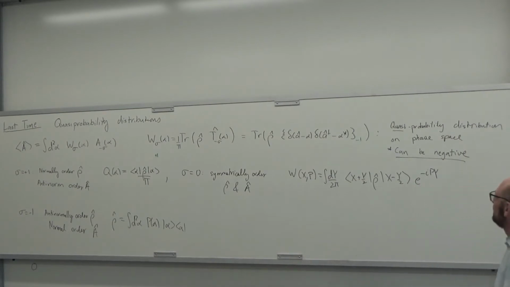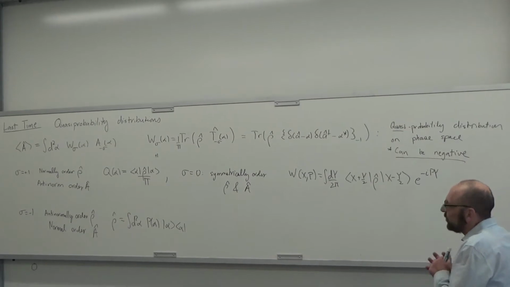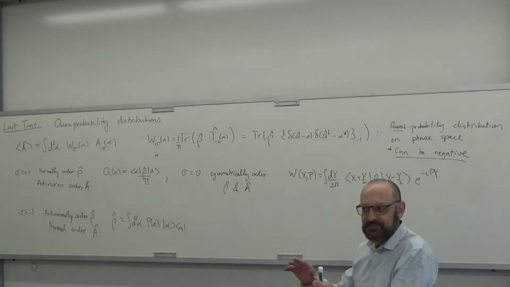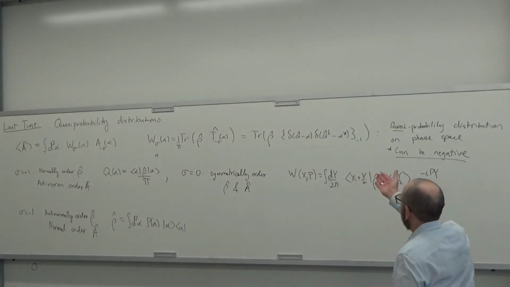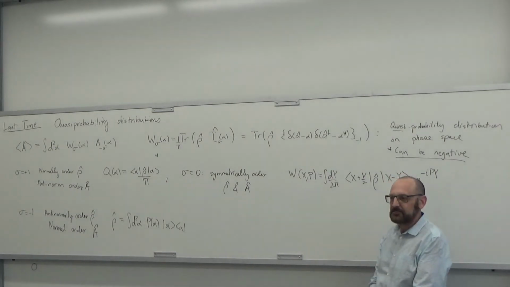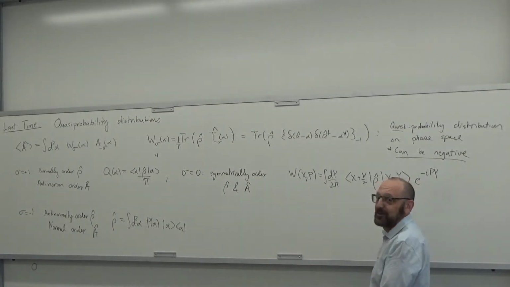Just erase your brackets, I guess. So that is anti-normally ordered, which means all the A's are on the left and all the A daggers are on the right. So what does this delta function look like in that case? Can I do a Fourier transform? I could do that. I could go through all that stuff, go through the Fourier transform.